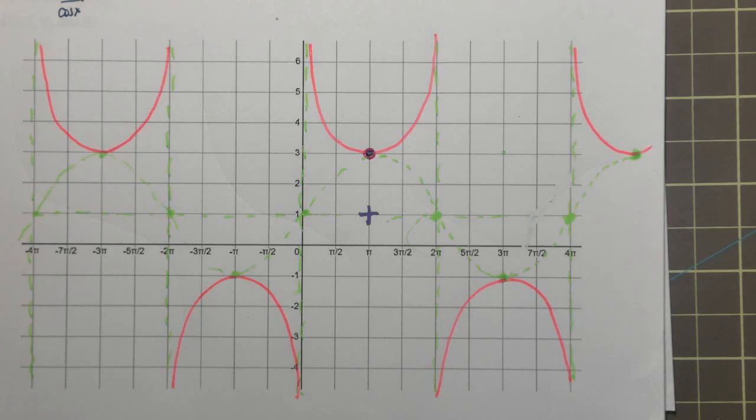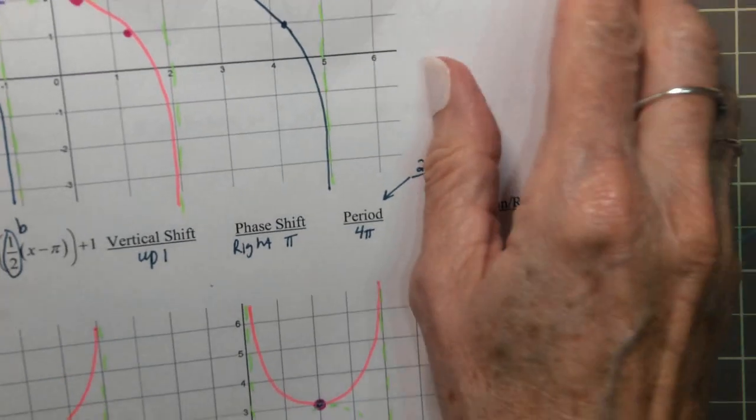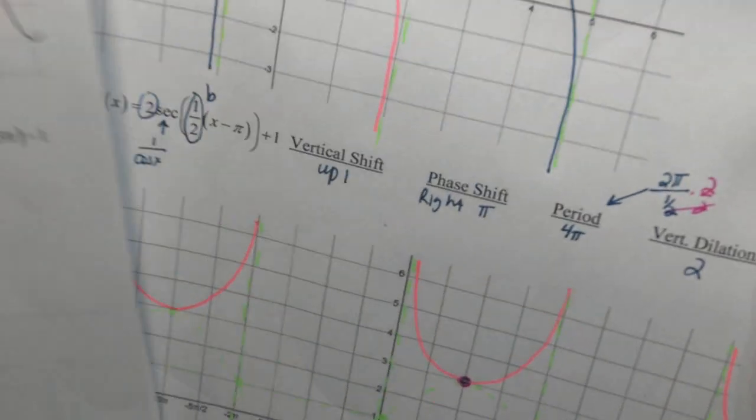So the only thing that is actually secant are these orange curves, okay? All the green stuff just helped me draw what the secant was.